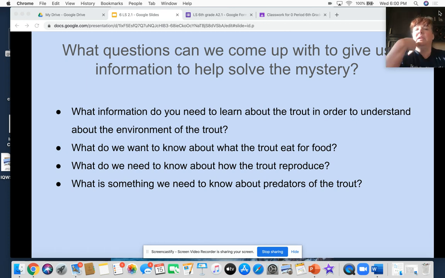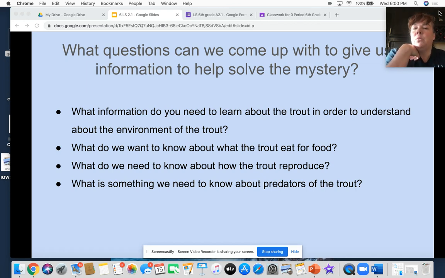So what information do we need to learn about the trout in order to understand their environment? What's the depth of the water? What's the temperature of the water? What's in the water? Is it salt water? Is it fresh water? I don't know anything about this. We need to ask the right questions to find out this information.